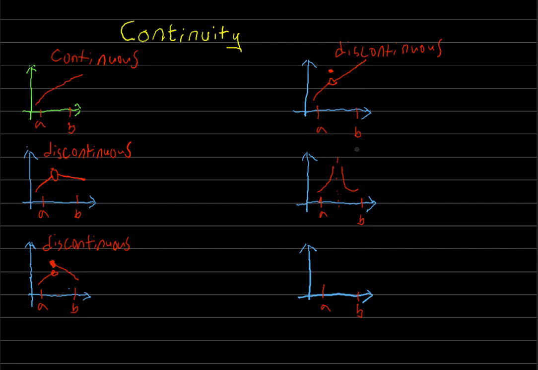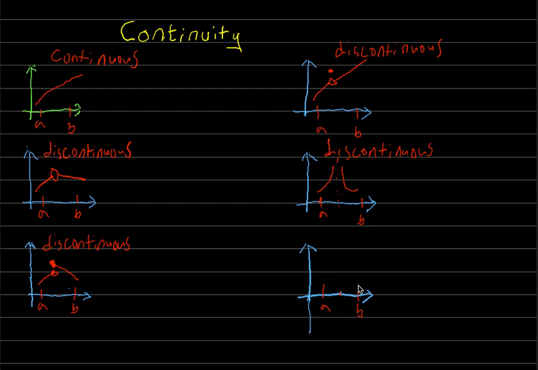Then we say this graph is also discontinuous. We can say this one has a vertical asymptote.